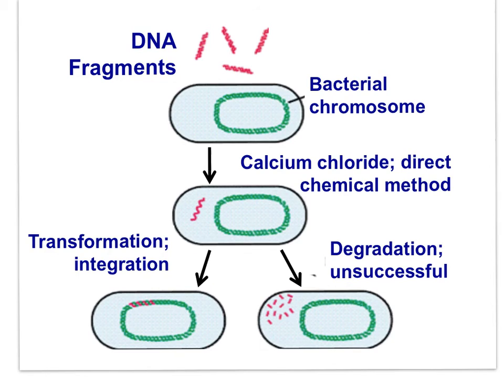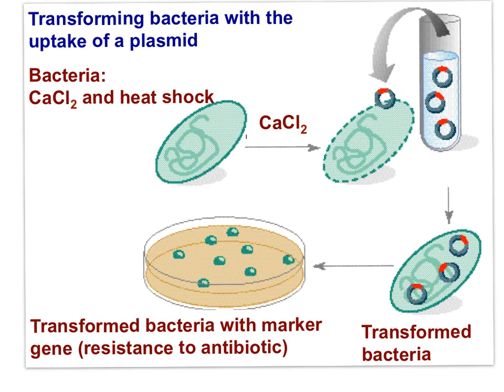In this diagram, we can see the direct uptake of DNA fragments using calcium chloride to sufficiently weaken the membrane for successful transformation. The target gene is incorporated into the genome of the host cell. Calcium chloride with a heat shock allows the direct uptake of DNA fragments, as seen in the last image.